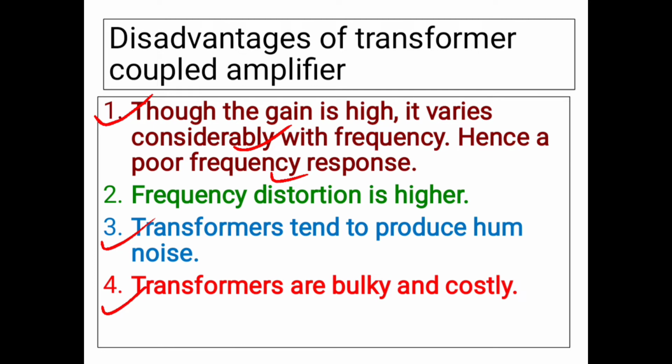Resistors and capacitors are very cheap in comparison to transformers, and the direct coupling method is also cheaper than the transformer coupled amplifier circuit. So we can say that transformer coupled amplifier circuits are bulky and costly in comparison to direct coupling and resistor capacitor coupling methods. This is one of the disadvantages of the transformer coupling method.